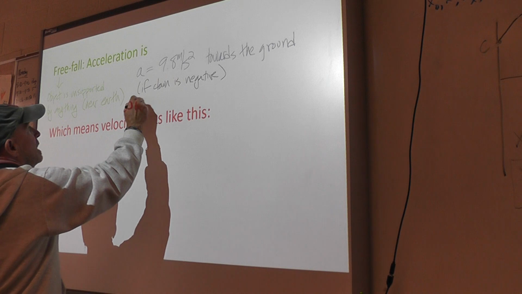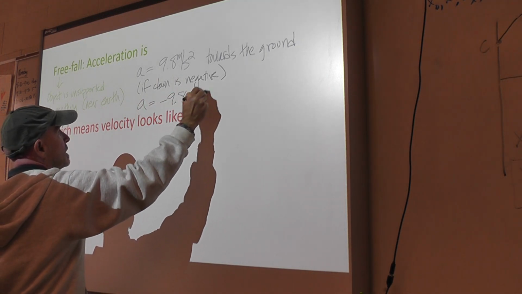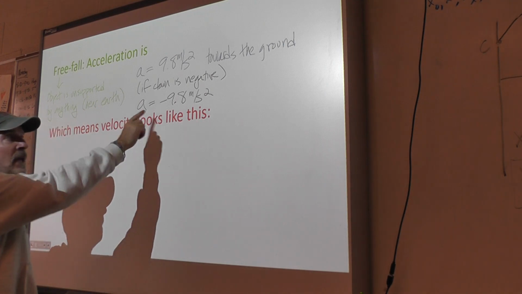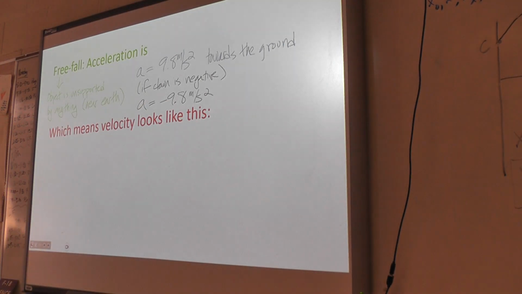And that means that in free fall, acceleration would be negative 9.8 meters per second squared. You can't count on that. If somebody gives you a problem and they say, what's the acceleration, and it's in free fall, you can't necessarily say it's negative 9.8 meters per second squared, because down might be the negative direction. But usually, up is positive. In the book, up is always positive.